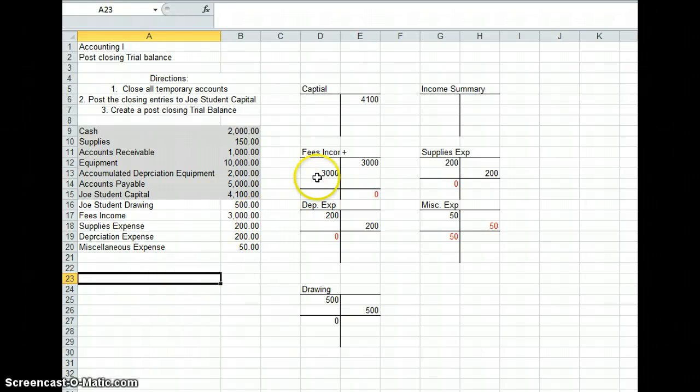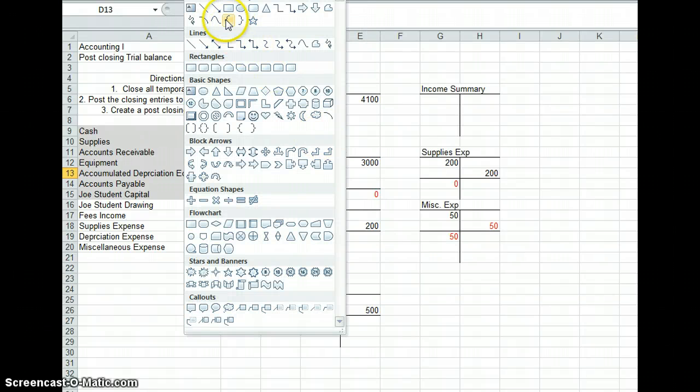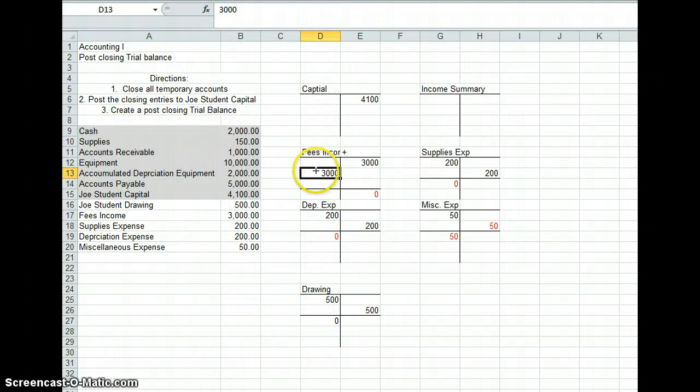So right here, I had fees income being credited, so now fees income is being debited for $3,000. I'm going to come right down here and create a journal entry, and I'm going to show fees income being debited for $3,000.